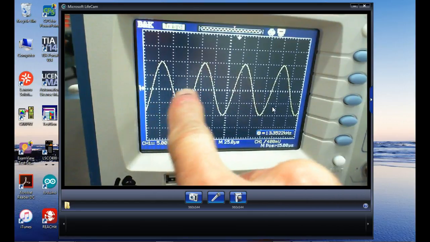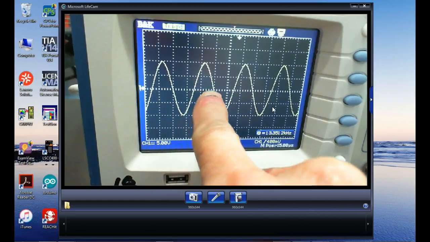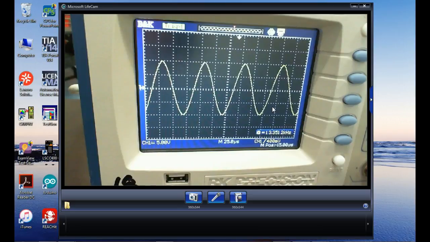Now these guys are occurring at a certain rate. The rate we call frequency. So if I was to take this scope and hook it up to Alabama Power, we would see the same signal because they generate AC on this type of waveform.